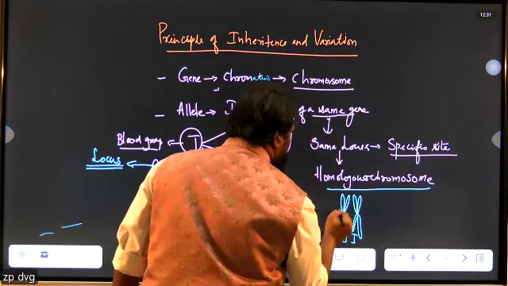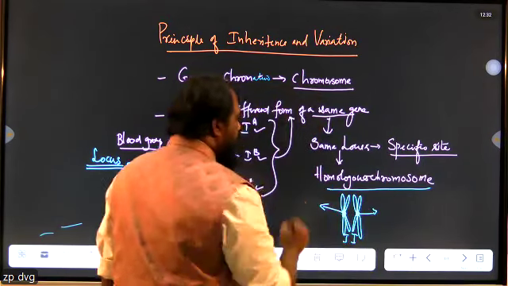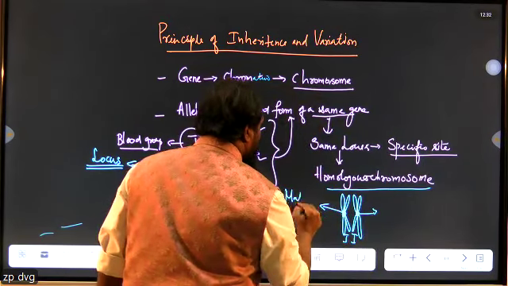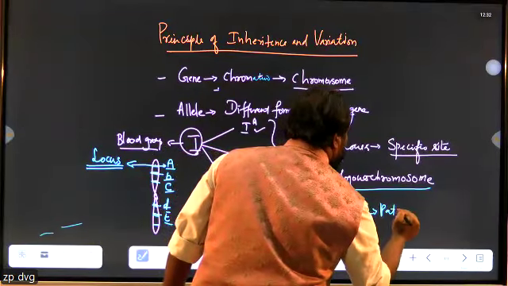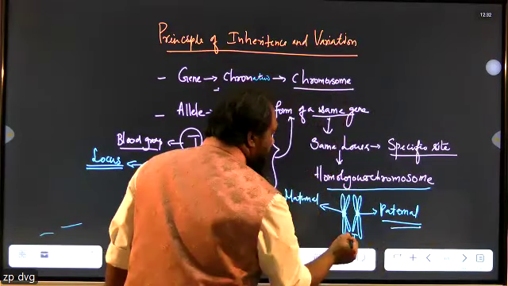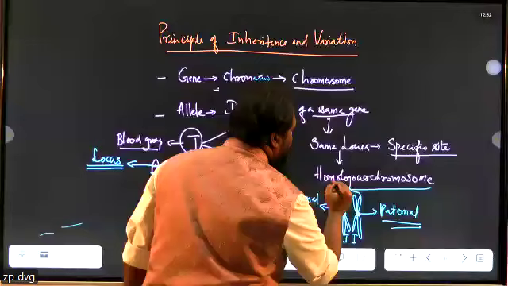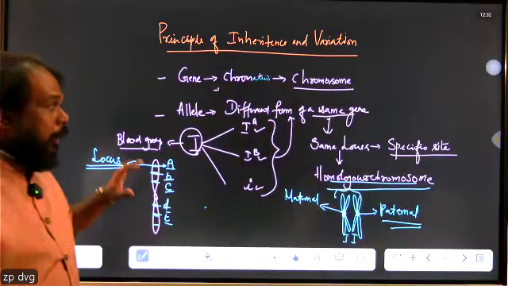Why? Because this chromosome comes from the father and this chromosome comes from the mother. This is called the maternal chromosome. That is one from father and one from mother. So these two chromosomes are called homologous chromosomes.